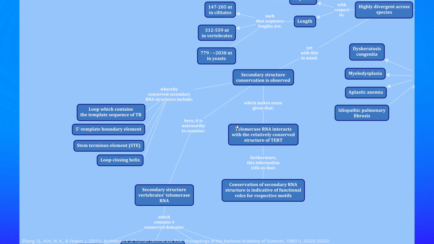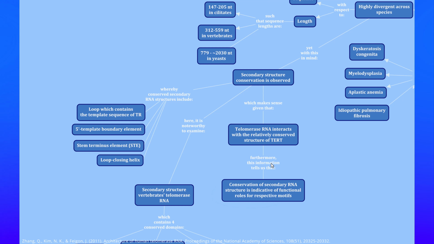So TERT is relatively conserved across species, so it would make sense that the telomerase RNA secondary structure has some conservation to it, such that it can interact with what is essentially a relatively conserved TERT protein structure. Furthermore, this information tells us that conservation of secondary RNA structure is indicative of functional roles for respective motifs in that secondary RNA structure.